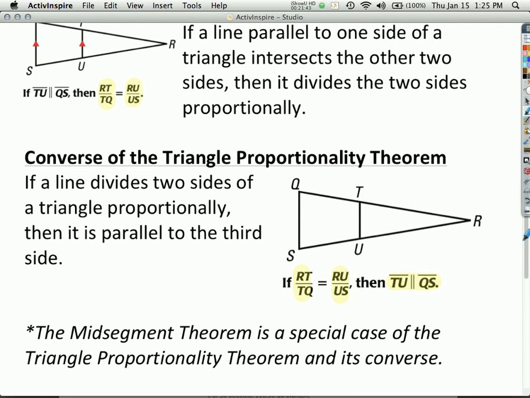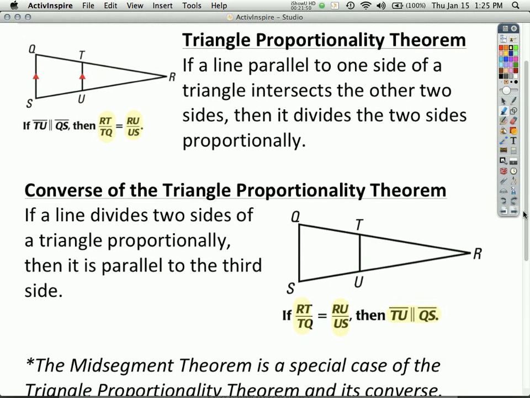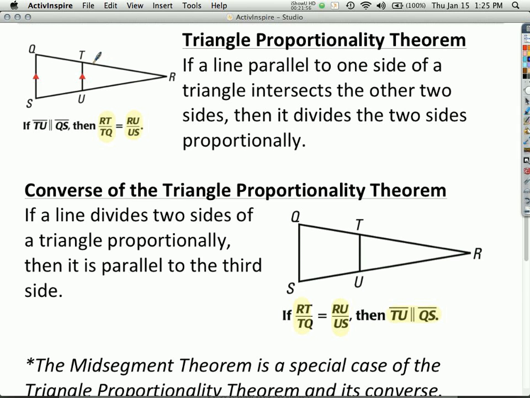I have a little note down here. The mid-segment theorem is actually a special case of this. It's actually the same thing, except the mid-segment theorem, this line is connecting the midpoints of the two sides.